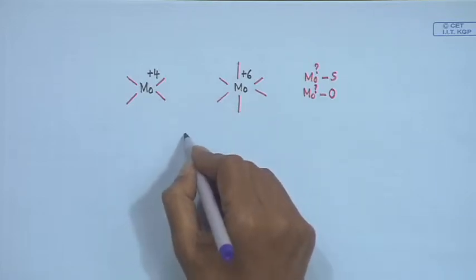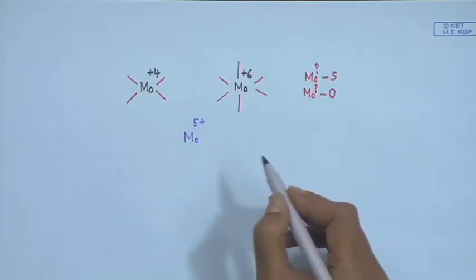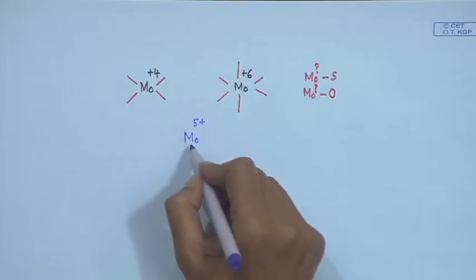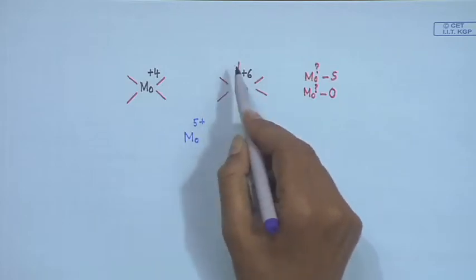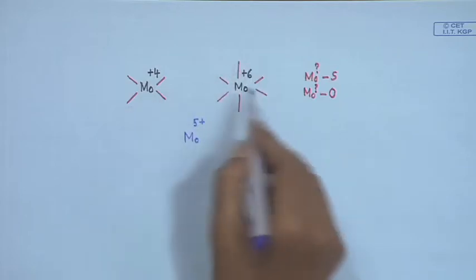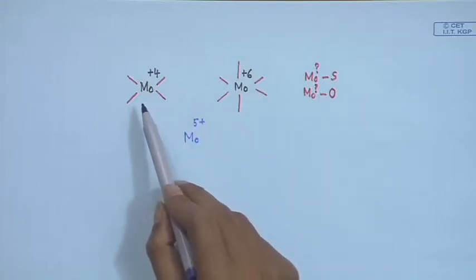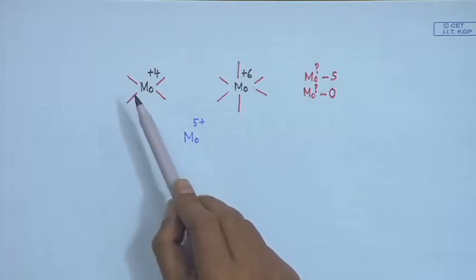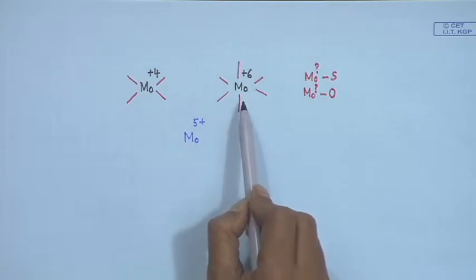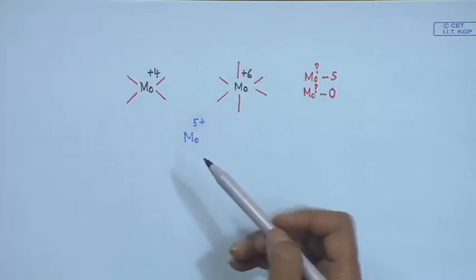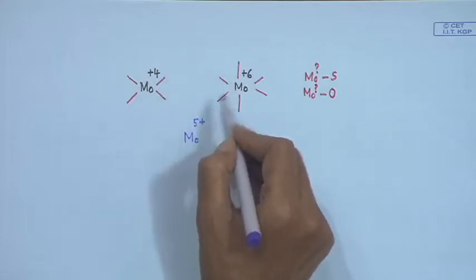So, if we have the central one, that means molybdenum 5 plus, if one is known as 4 coordinated and the other is known as the 6 coordinated one, it should be intermediate between these two, and that is why we get some environment which is neither the environment available for molybdenum in the tetravalent state nor in the hexavalent state, but it should be intermediate, and while passing from one geometry to the other geometry, we get something.